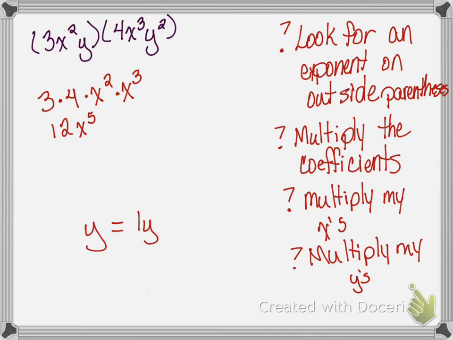When I have y, I also have an assumed exponent of 1 that I don't have to write. But when I am multiplying, I am multiplying y to the first power times y to the second power. So I end up with y to the third power. Just remember, if you've got a variable and there is no exponent written with that variable, then that variable is raised to the first power.